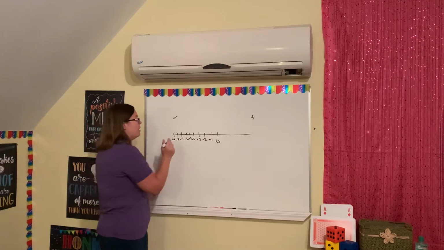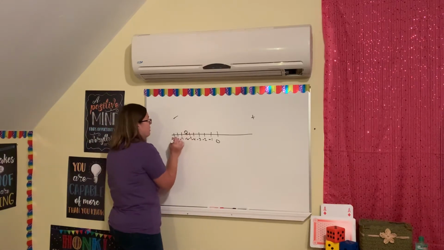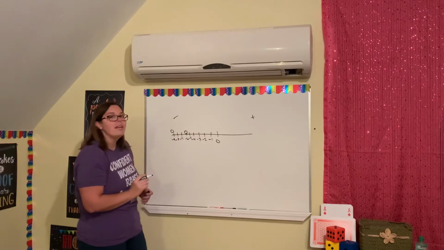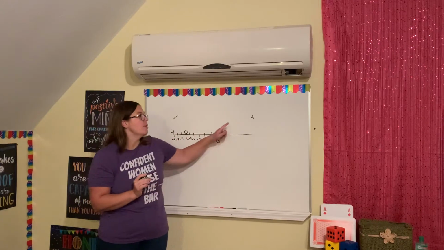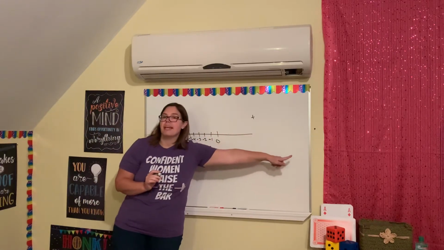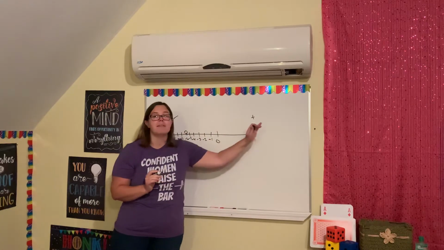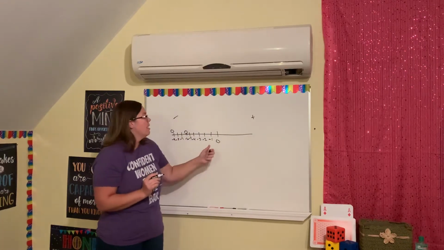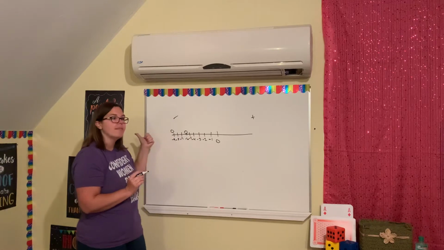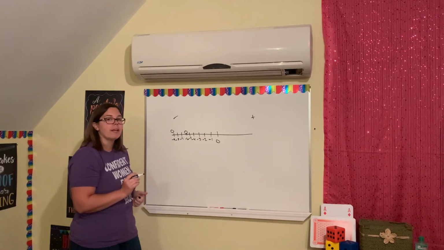So we were talking about -6 and -9. We know that the further we go to the right, the larger our numbers get, okay? They're getting positive and larger as we go to the right. The further we go to the left, our numbers are decreasing or getting smaller.